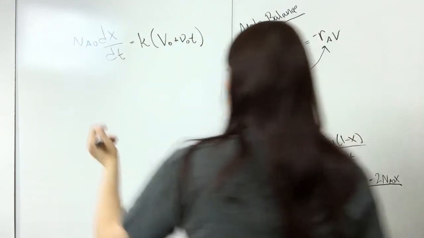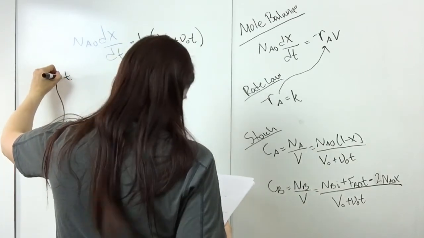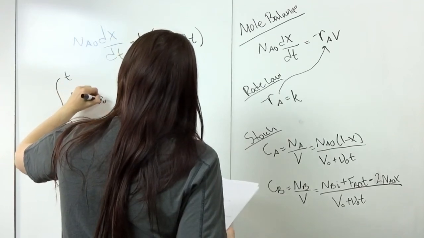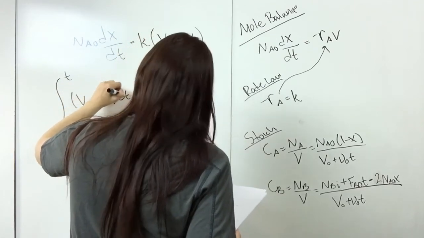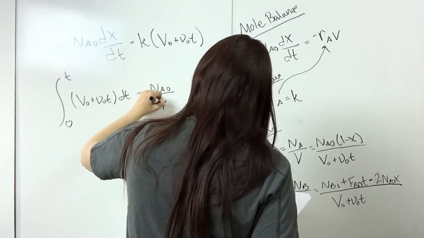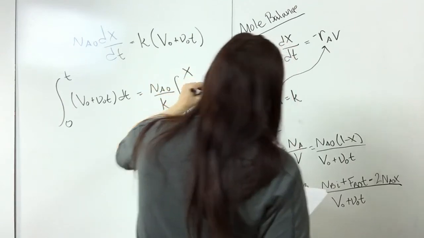Then we can separate and integrate, and we get the integral from 0 to t of V naught plus V naught t dt is equal to Na naught over K times the integral from 0 to X of dX.